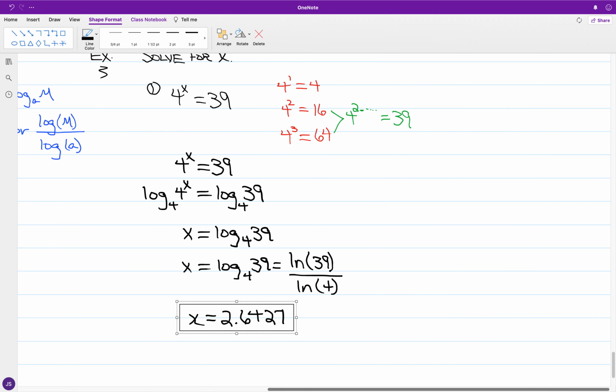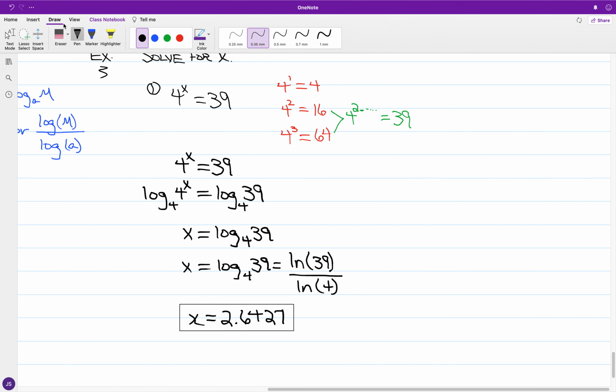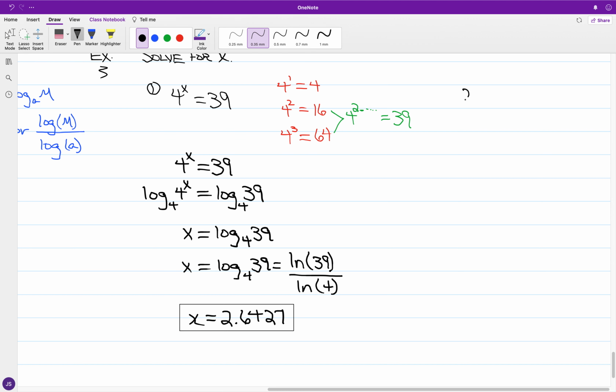Let's say you have a situation where the exponential base is higher than the constant to which the exponential expression is set equal, something like 100 to the x is equal to 15.